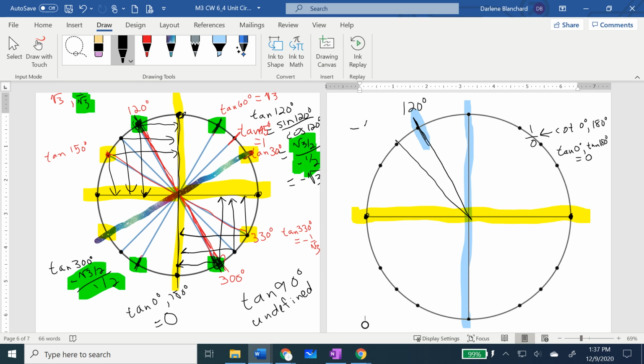That makes tangent the negative √3, but that makes cotangent the reciprocal. So the cotangent of 120 degrees is equal to -1 over √3. And you can always look at what is the cosine divided by the sine, which would be the x-coordinate divided by the y-coordinate.